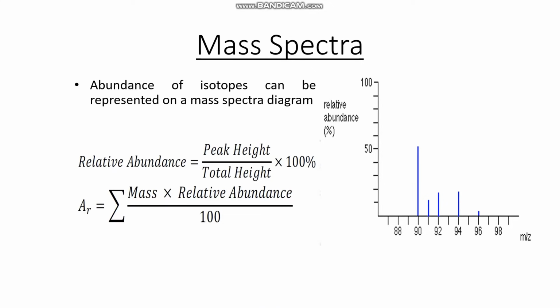Basically, we have two formulae in the mass spectra topic. The first one is relative abundance is equal to peak height by total height into 100%. The second formula is Ar, that is relative atomic mass, is equal to sigma mass into relative abundance by 100.